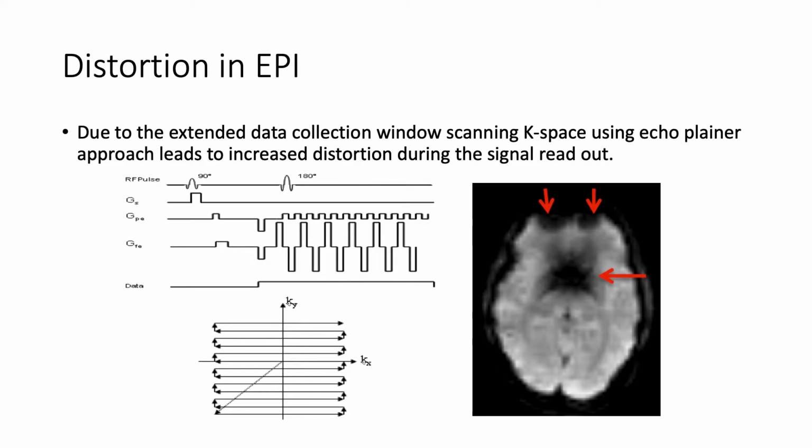As I mentioned, one of the problems with doing functional imaging is that the EPI provides that quick readout of the signal, and that leads to a lot of distortion in the signal because of the long and quick readout. This can get worse when you have tissue that is influenced differently.